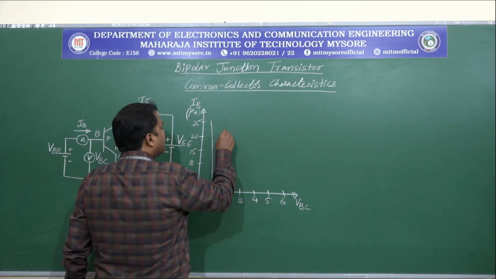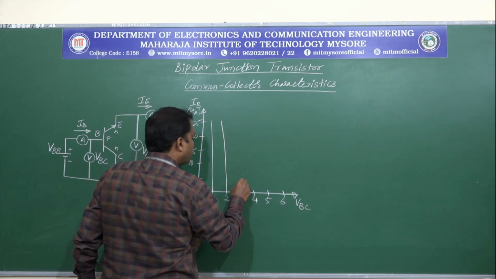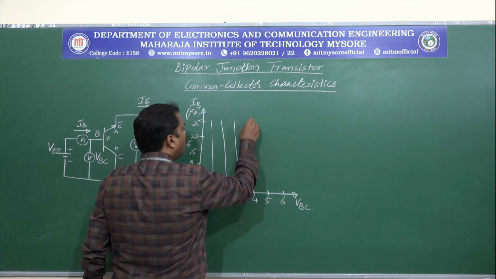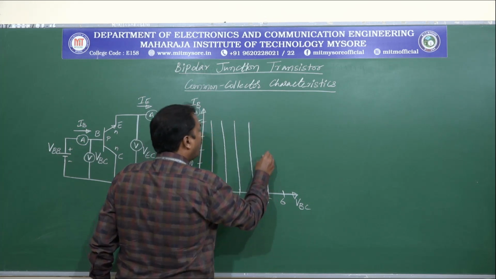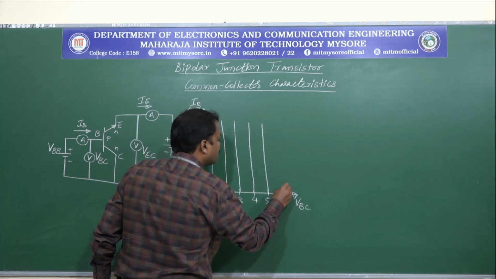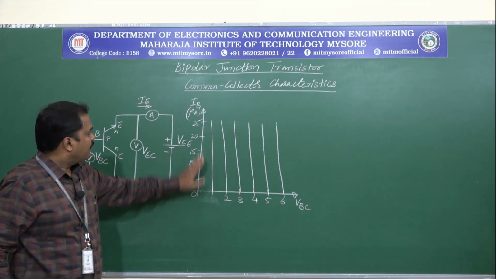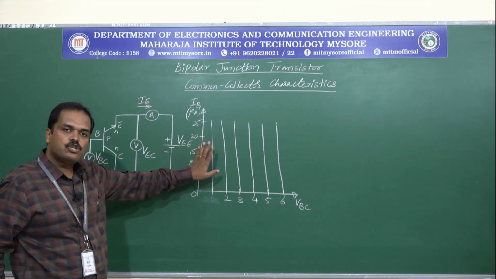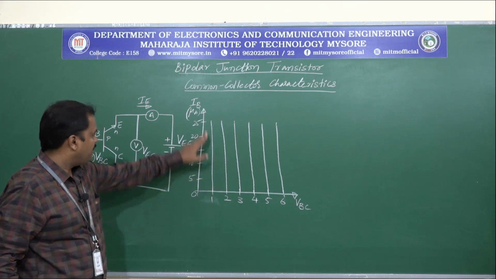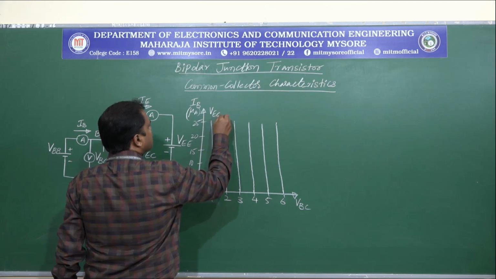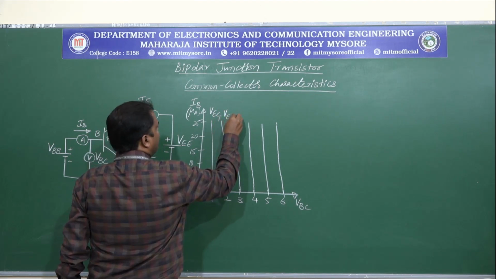So here the characteristics is different from the other two characteristics, that is common base and common emitter characteristics. So here the current levels will be shown like this, and the levels will depend on the value set for the VEC.